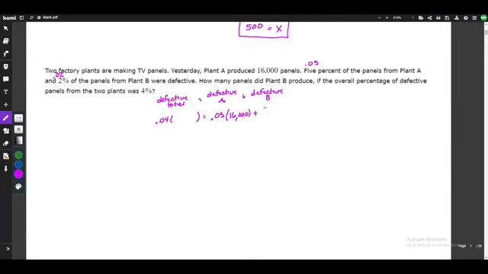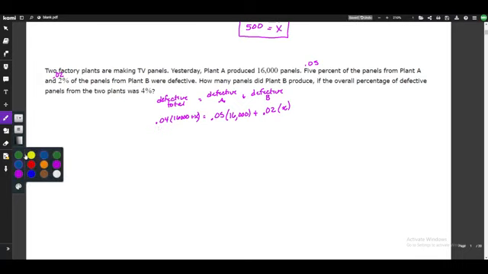And then defective B was 2%, so 0.02. And we didn't know how many they made, so we're just going to call that X. So the total number of panels that we're making are the 16,000 plus X. So this is going to be 16,000 plus X, and this is going to be the equation that we're going to be solving.